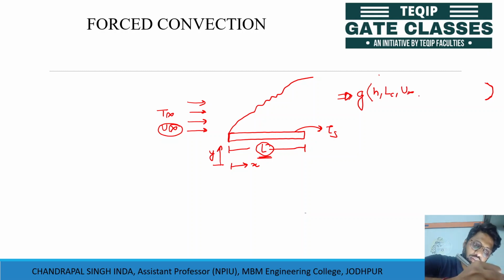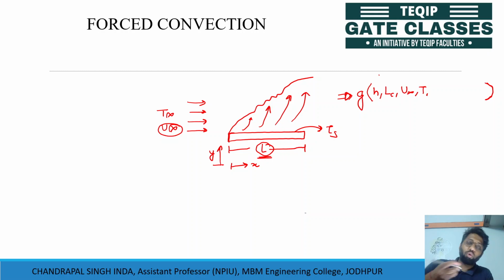Then there is temperature also. Now, as the boundary layer is formed here, there is a momentum distribution.